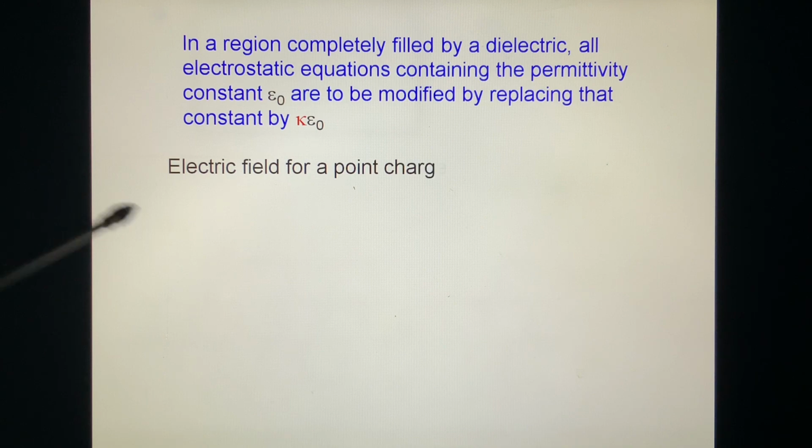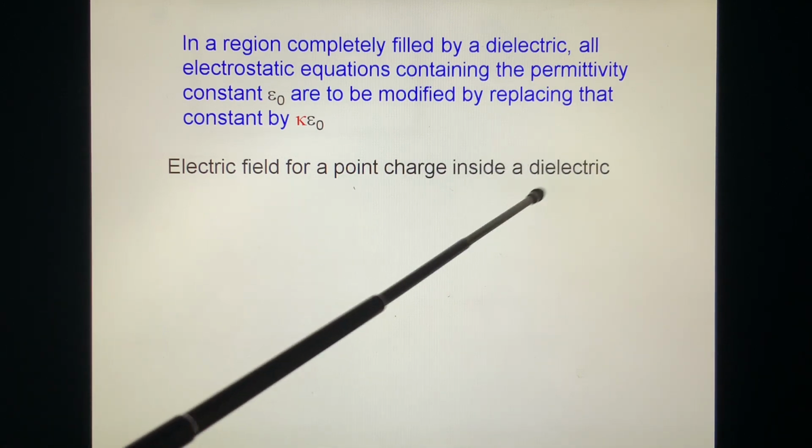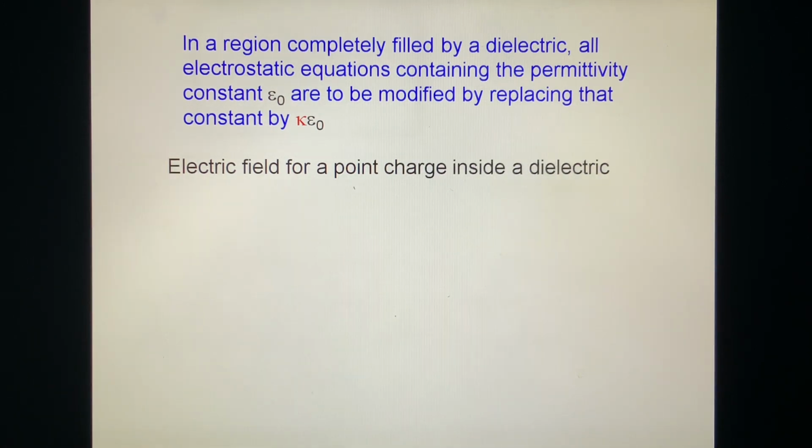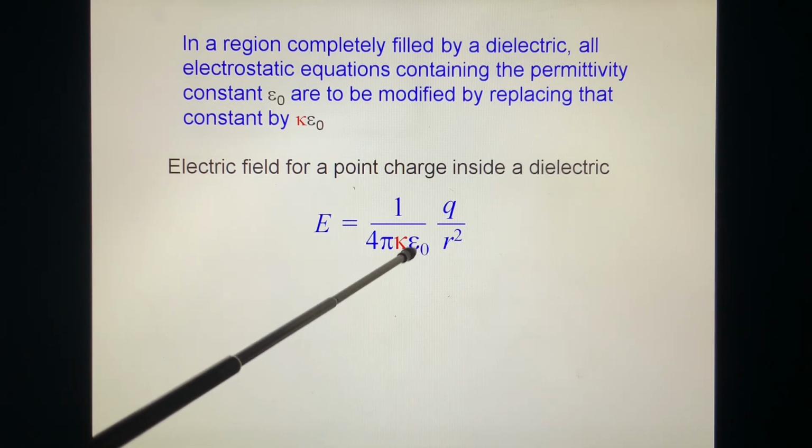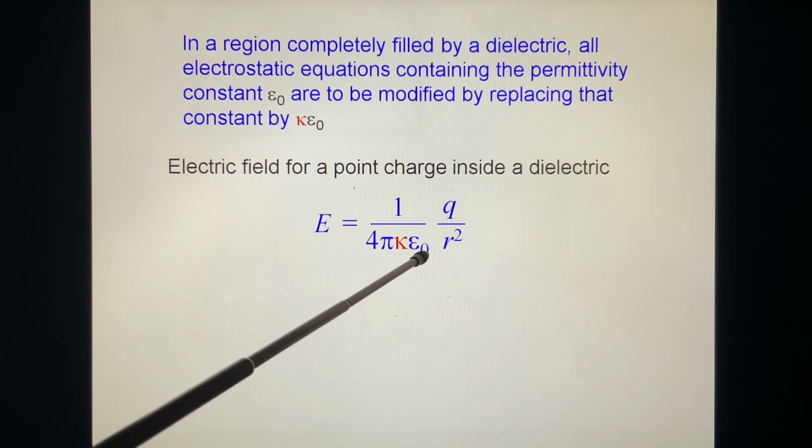Electric field for a point charge inside a dielectric: E equals 1 over 4 pi kappa epsilon 0 times Q over r squared. We replace epsilon 0 by kappa epsilon 0.